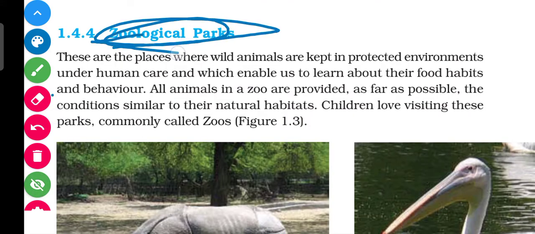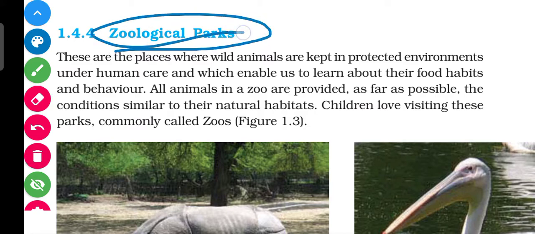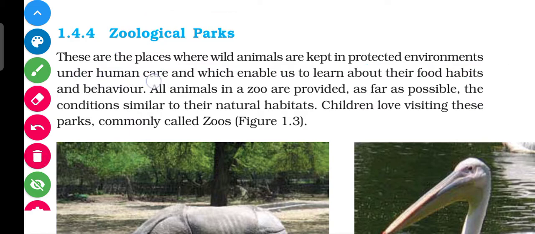The next topic is zoological park. These are the places where wild animals are kept in protected environments under human care, which enable us to learn about their food habits and behavior.